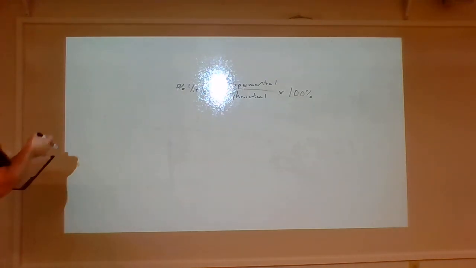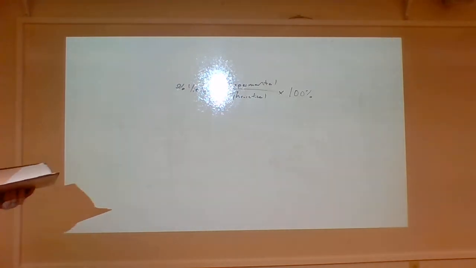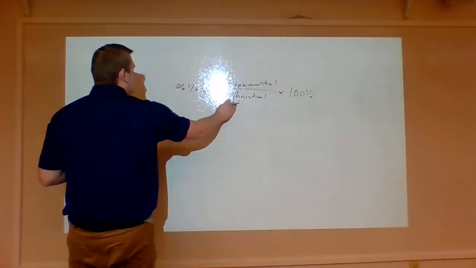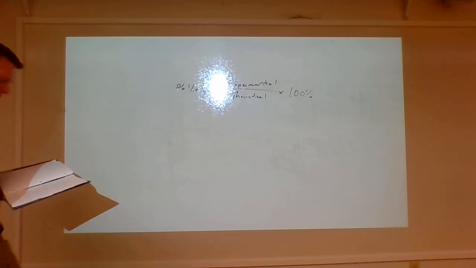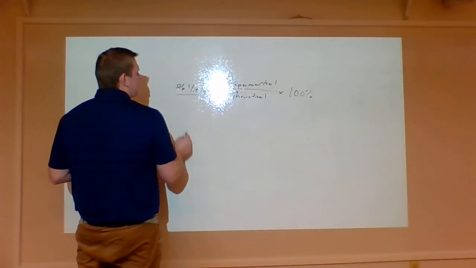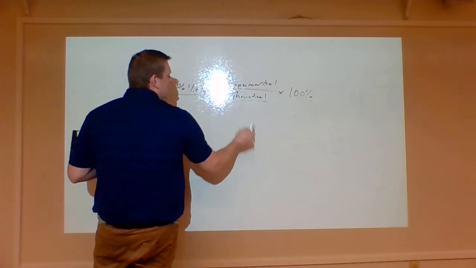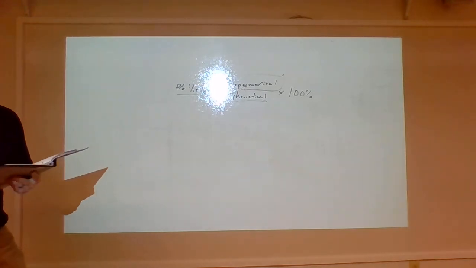The theoretical yield is the amount that we predict based on mathematics. That theoretical is determined from our limiting reagent problem we just did. So in this problem, we're given the percent yield, we calculated the theoretical already, but we need to solve for the experimental.